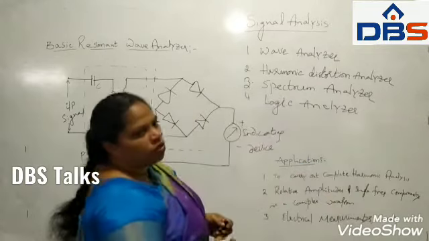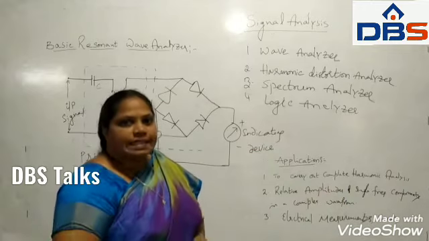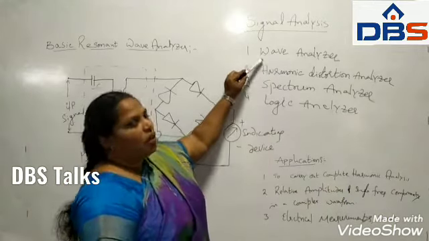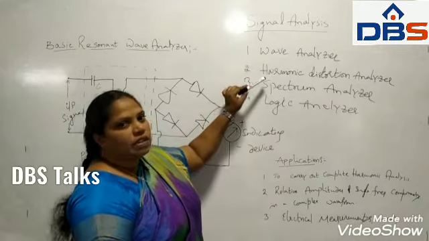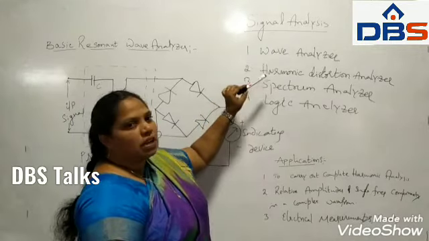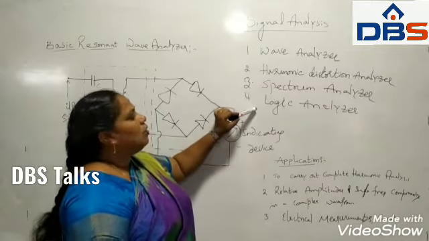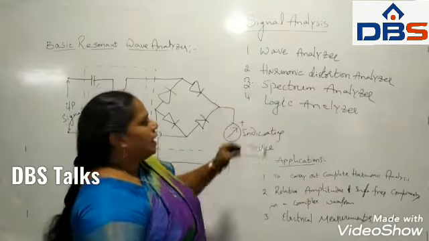So these 4 types belong to signal analysis. In that, first is the wave analyzer, second is the harmonic distortion analyzer, third is the spectrum analyzer, fourth is the logic analyzer.